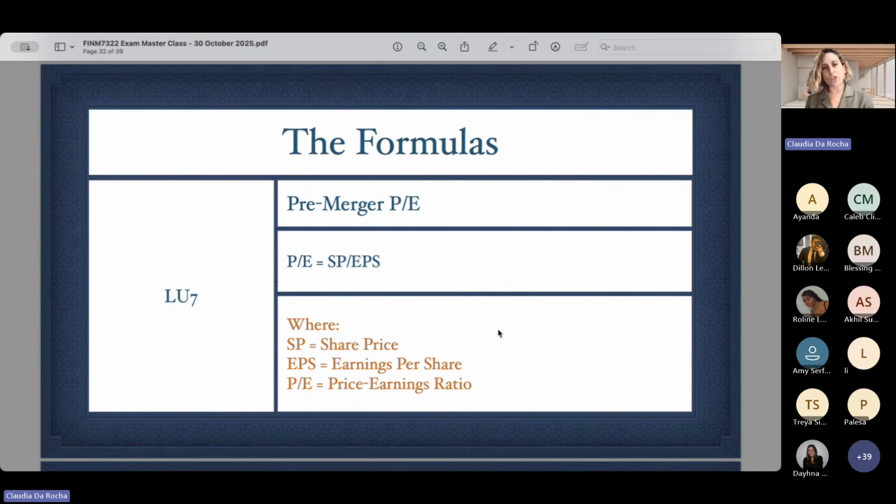It is the price earnings ratio that you would have known ever since you started doing finance. Your price earnings ratio is equal to share price over your EPS. Remember this one, the PE and the EPS formulas interlink. Can you see here? They both have EPS in them, so it means that one can be used to facilitate the other.